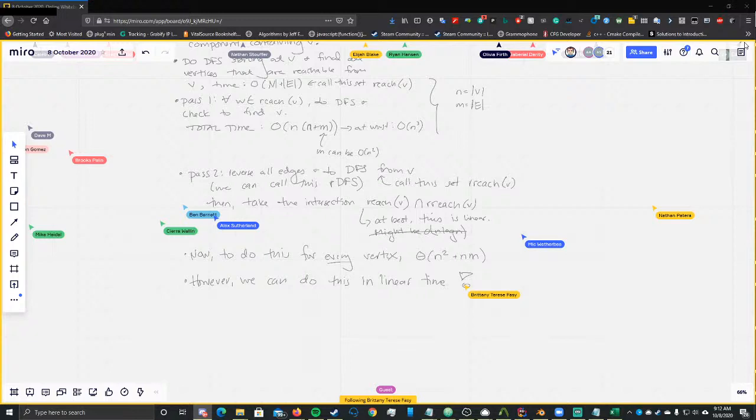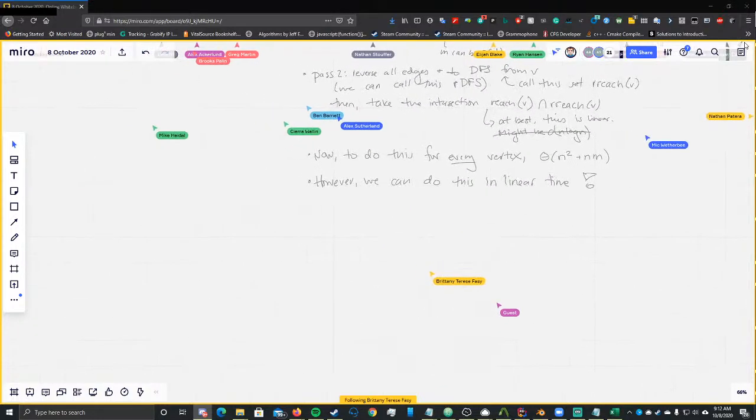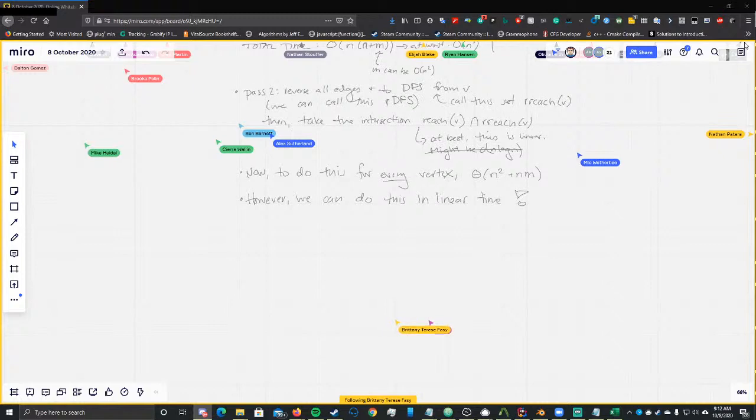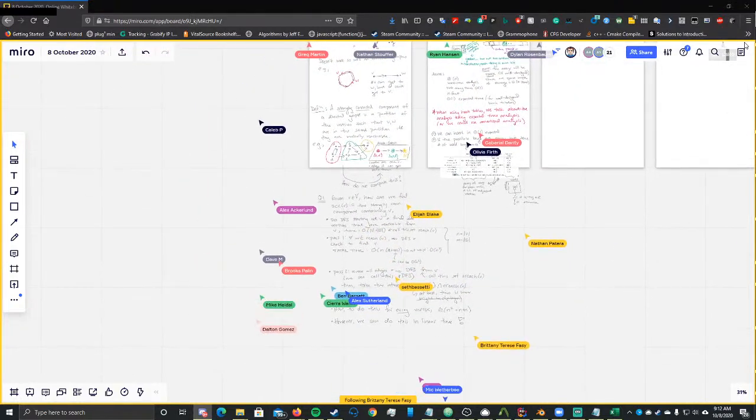Okay, and maybe I will give you the idea of it, right? So I look at this meta graph, right?